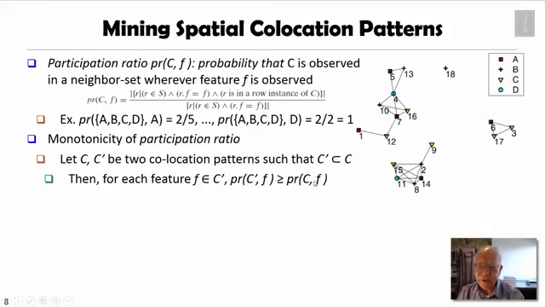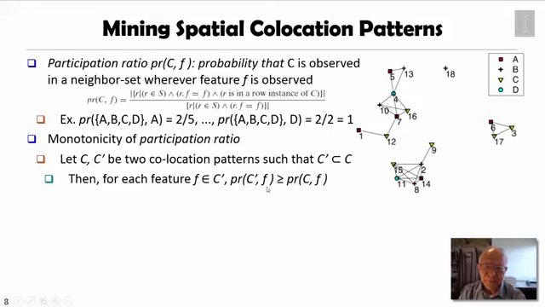This can be easily understood. If A is participating in AB, then the chance is higher than A participating in ABCD, because every time when ABCD occurs, AB will also be there.